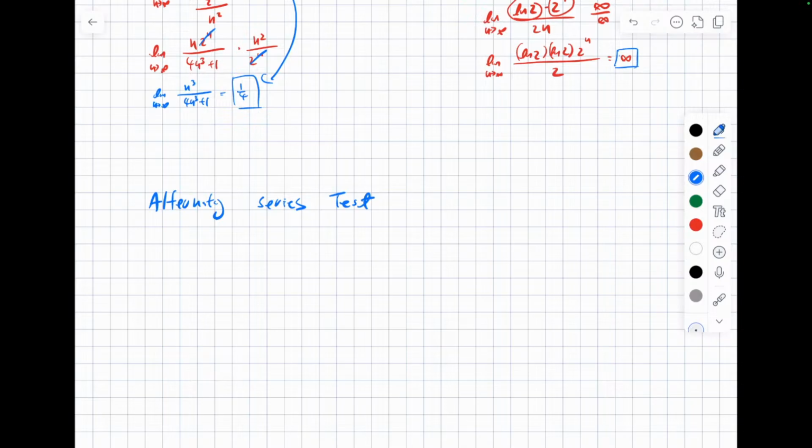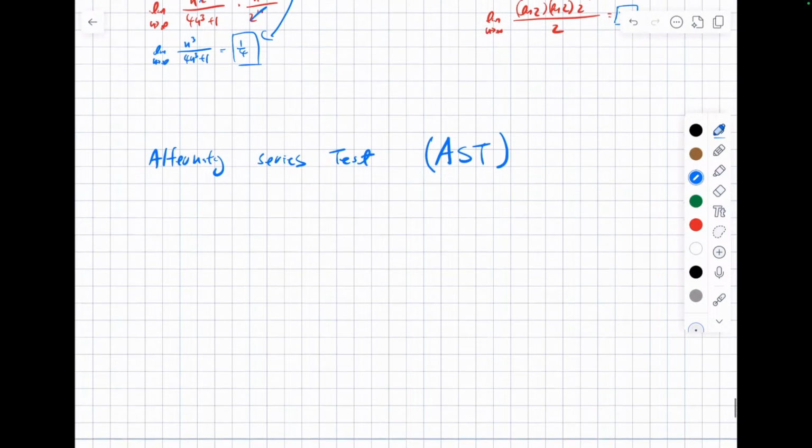So, what is the alternating series test? That's known as the AST. One example looks like this: the summation from n equal to 1 to infinity of -1 to the n plus 1 times 1 over n. We can come back to prove this example later.